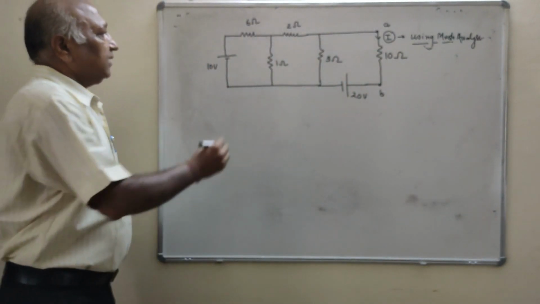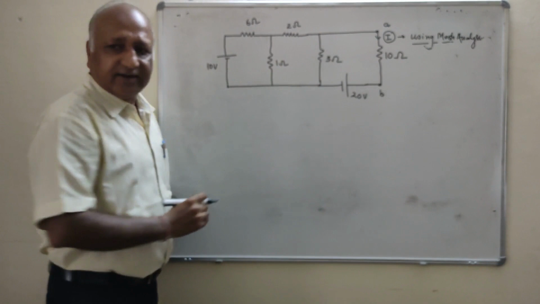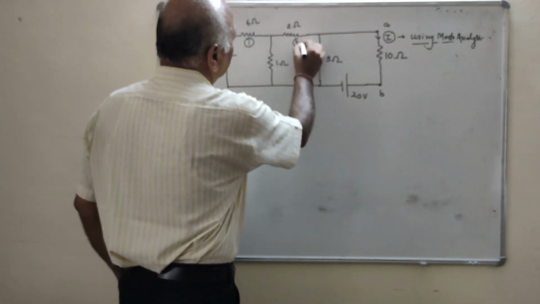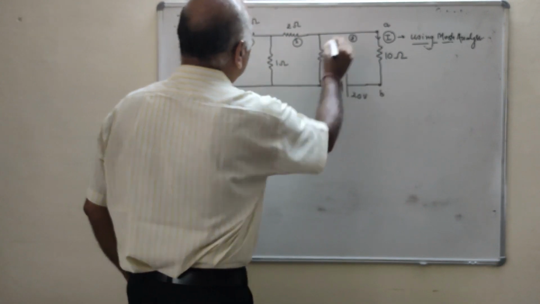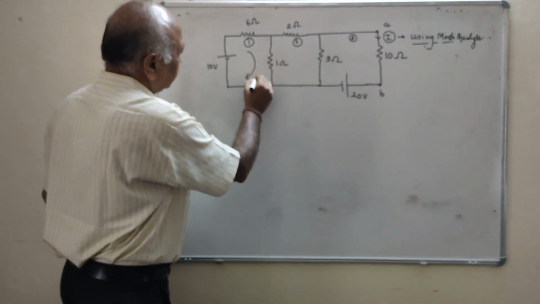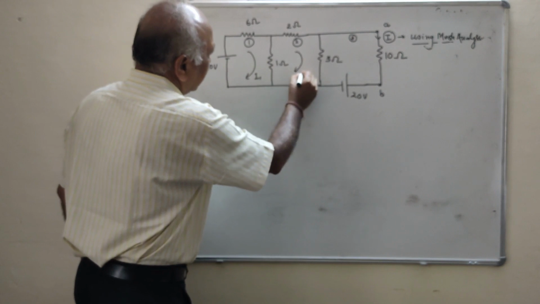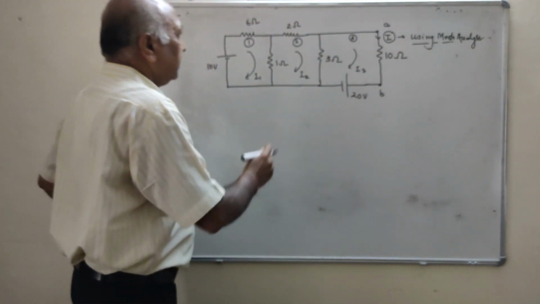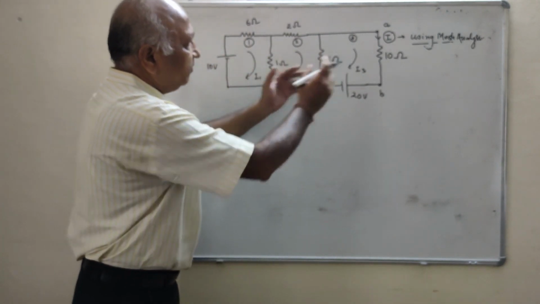You will see there are 3 meshes. First of all we will mark this as 1, this as 2, and this as 3, and the mesh currents: this is I1, this is I2, and this is I3. Clear? Mesh 1, mesh 2, and mesh 3.